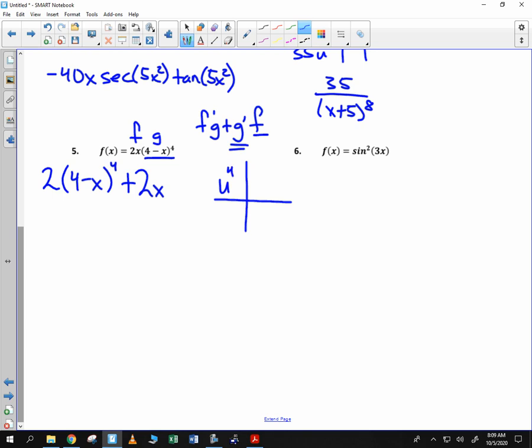The inside is 4 minus x. Derivative of 4 minus x is negative 1. Derivative of u to the fourth is 4u cubed. We multiply those, we get negative 4 times 4 minus x raised to the third power.